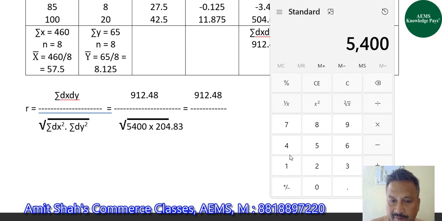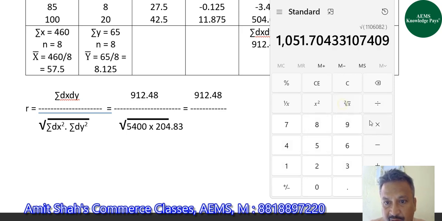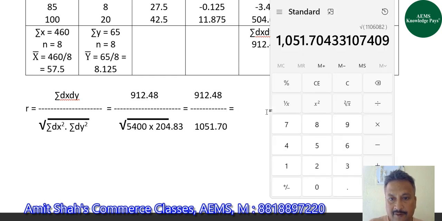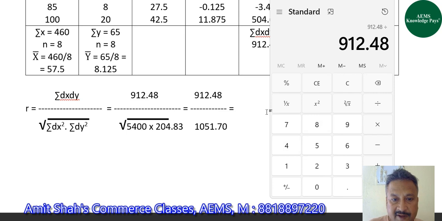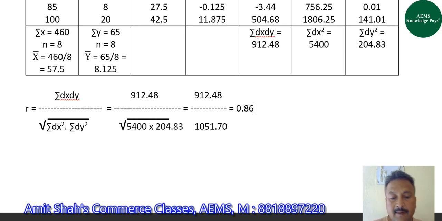So 5400 into 204.83 is 11,06,082, and the square root of this is 1051.7. So 912.48 divided by 1051.7 is 0.86. Means the relationship is positive and strong enough because it is close to positive 1, and the relationship is direct.